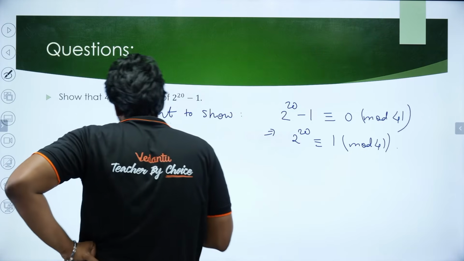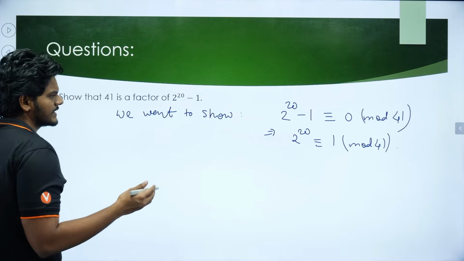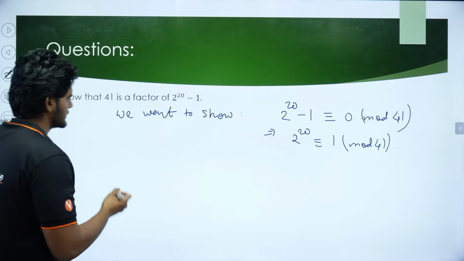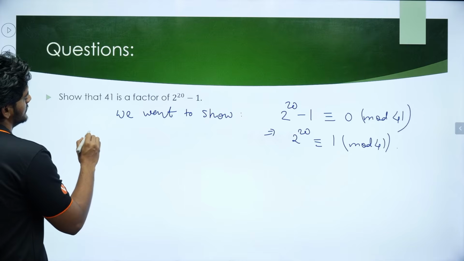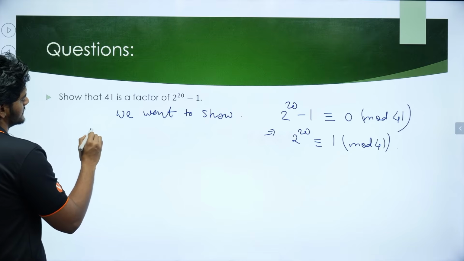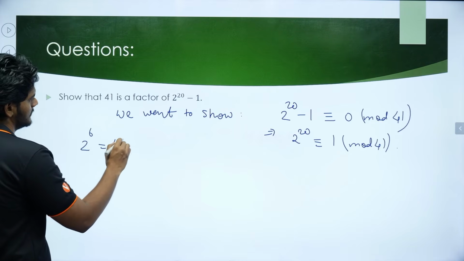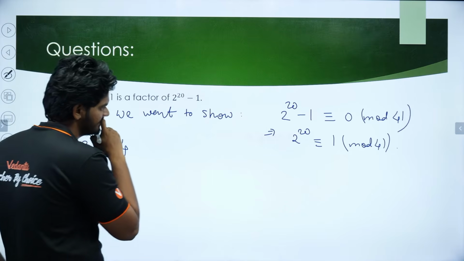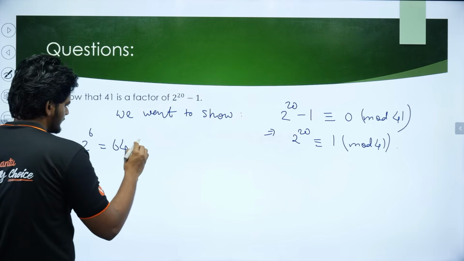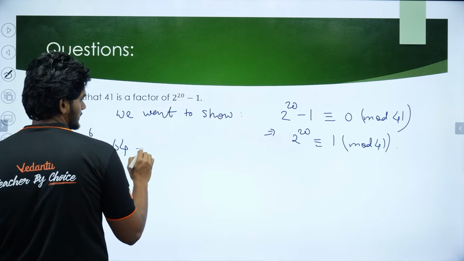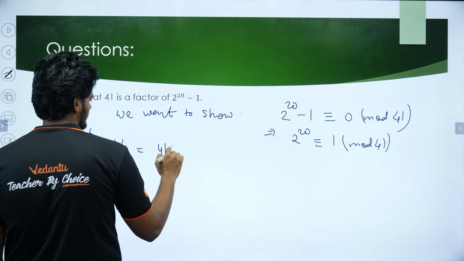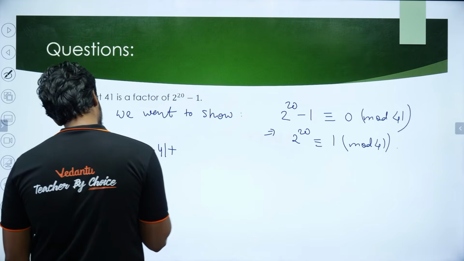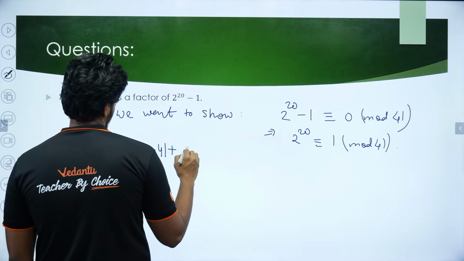So think about it. What is the nearest we can get to 41 in terms of powers of 2? If you take 2 power 6, it will be 64, which is 41 plus 23.